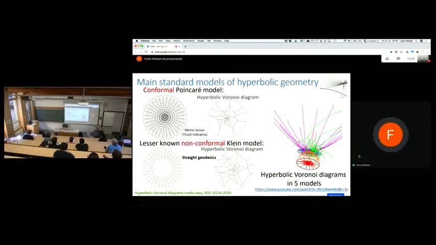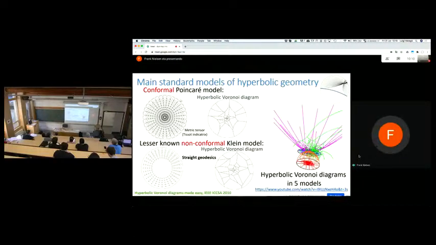Another useful model is the non-conformal Klein model, where the angles are not preserved, but where the geodesics are straight Euclidean lines, which is very useful for computation. And here on the right side, you can see that there is also the Beltrami half sphere model, and a hyperboloid model here in purple. There's a nice animation where you can visualize the Voronoi diagram in hyperbolic geometry using these five models.